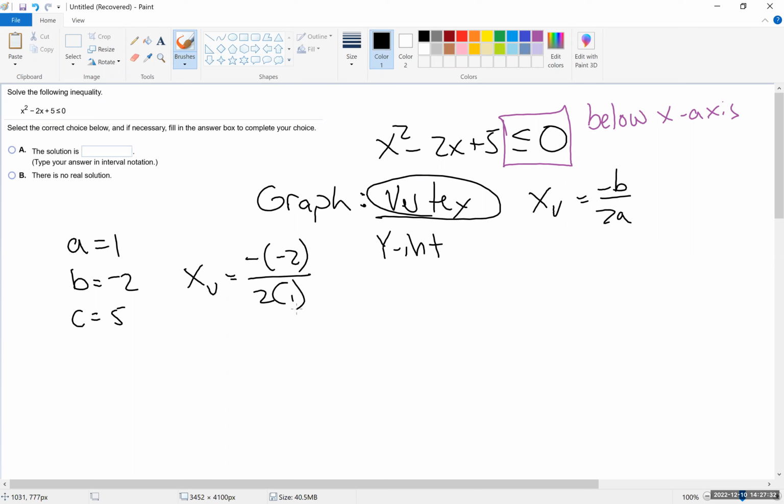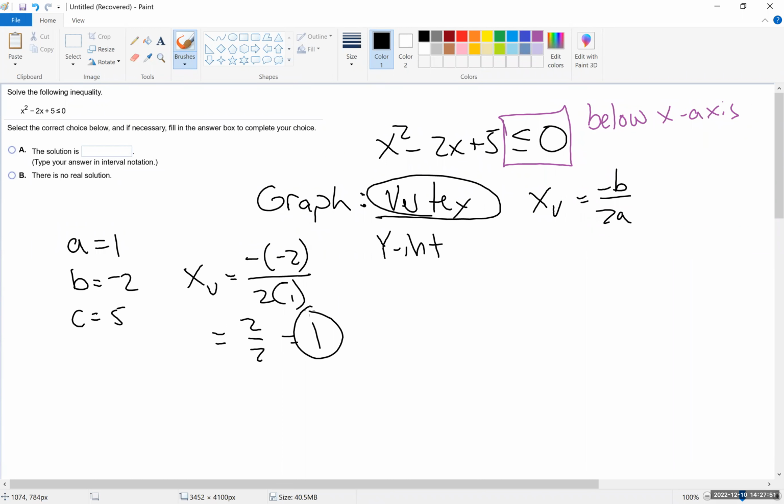We simplify that: 2 divided by 2, which is 1. The x value of the vertex is 1.